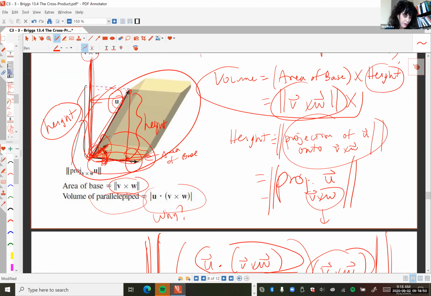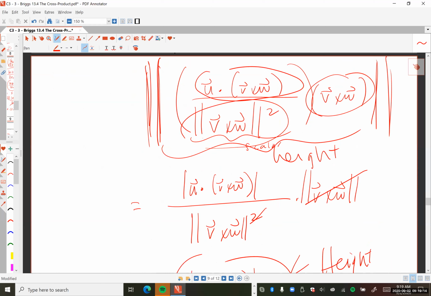It doesn't really matter. If I looked at this thing sideways and I wanted this right here to be the base and then the height to be, if I drop a perpendicular down that way, you certainly can. So what does that mean? Would I get a different number? What do you think? Probably not. No, you would not. You would get the same number.